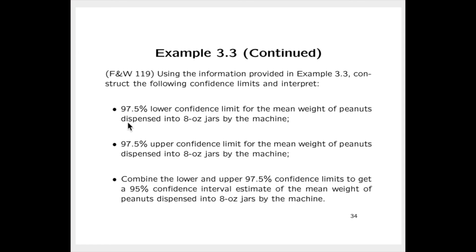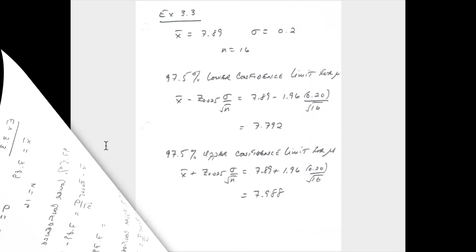But what I'm doing here is having us compute these lower and upper individual confidence limits first to show that if you construct a 97.5% lower confidence limit alone and then a 97.5% upper confidence limit alone, if you then put them together, what you get is a two-sided 95% confidence interval. So that's what I'm trying to point out by constructing these individual endpoints.